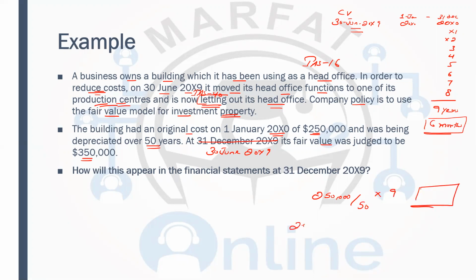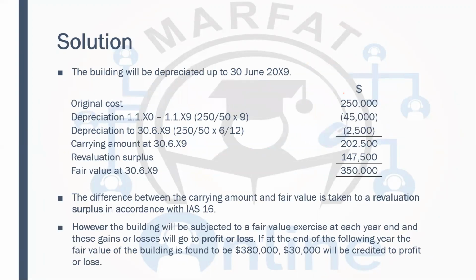Then again, 250,000 divided by 50, multiplied by 6 over 12. This will give you the depreciation of the other 6 months. So what is the carrying value? Take the original cost. The 9 years depreciation is 45,000. The 6 months depreciation is 2,500. So at the date of transfer, the carrying value is 202,500.